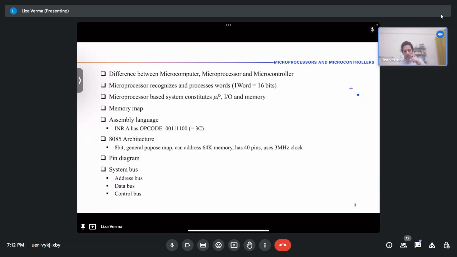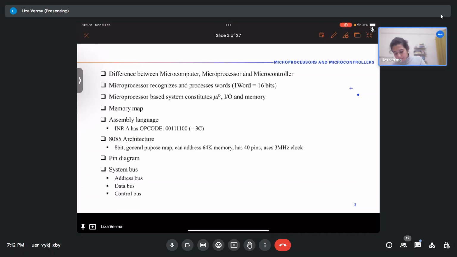The memory map of microprocessor 8085 was discussed by Sir in class, and I thought I would discuss that too. The memory of the microprocessor is divided into parts as told by Sir also.